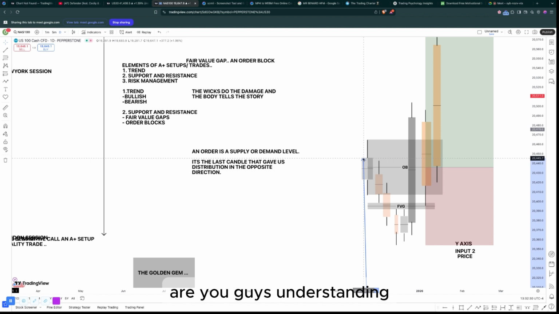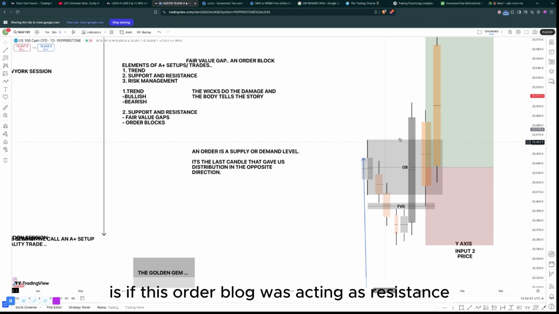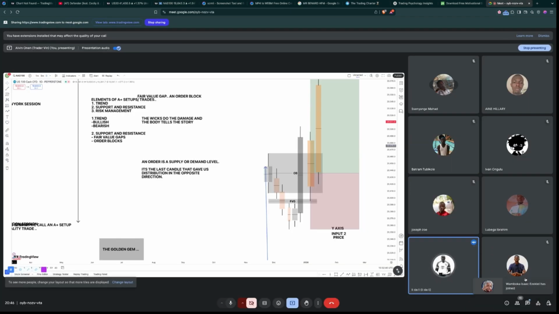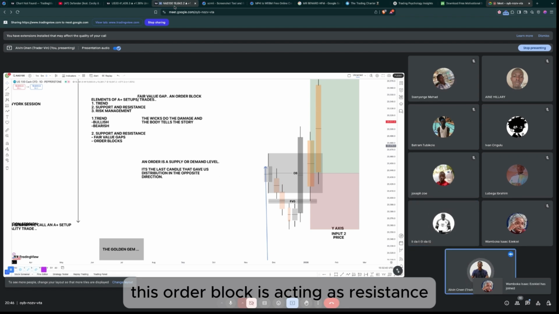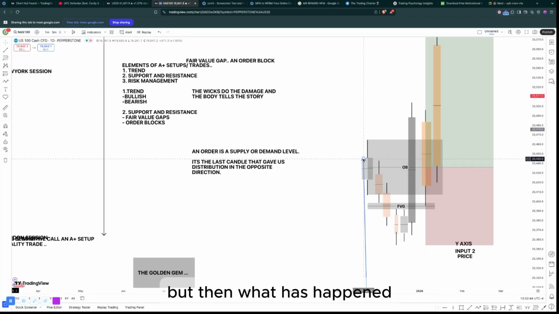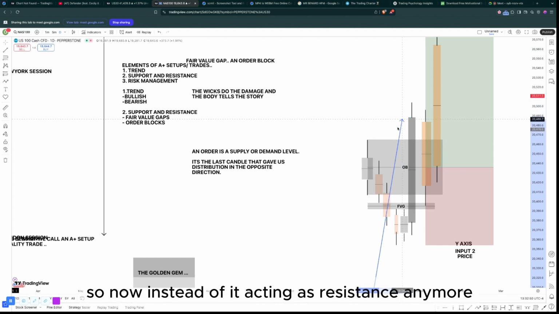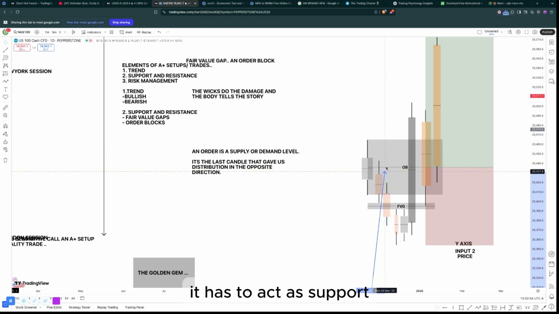Are you guys understanding? What I'm trying to say is, this order block is acting as resistance, but then this big candle here has passed through it. So now, instead of it acting as resistance anymore, it has to act as support.